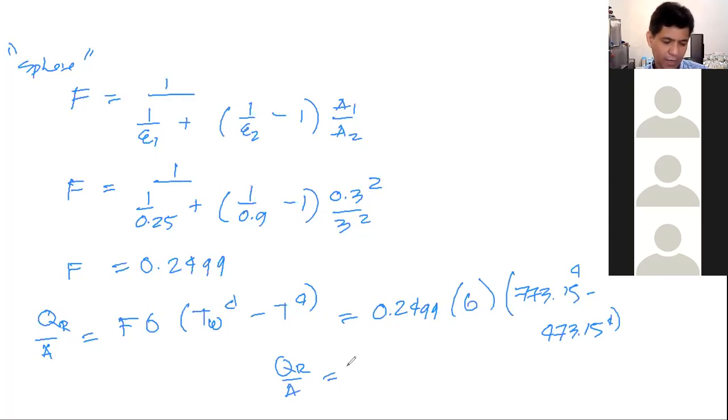Shift, constant, 4, 9. Basta may bago kayong calculator, alamin nyo kung paano nire-retrieve yung mga constant. Gano'n lang naman yun.